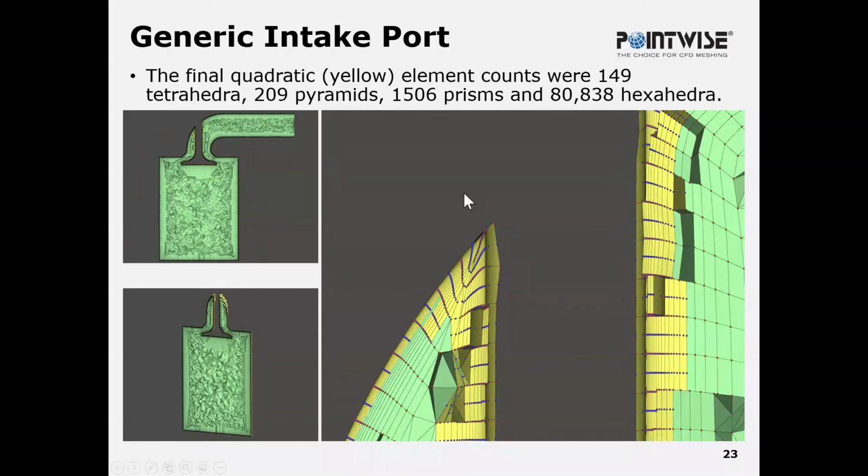So it's a nice application. There are some nasty concave regions here where the valve and the port meet, but the method has worked well here in such a tight area.